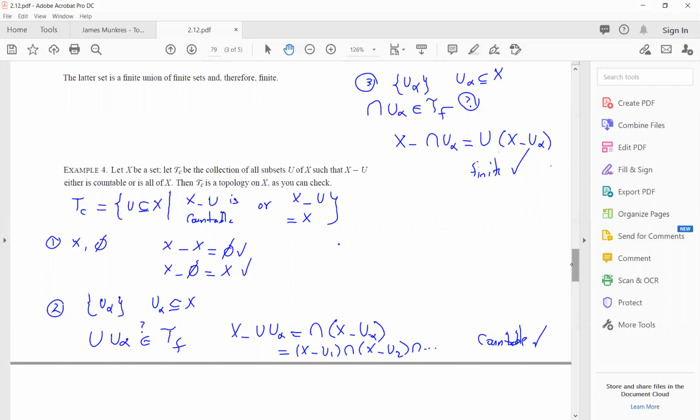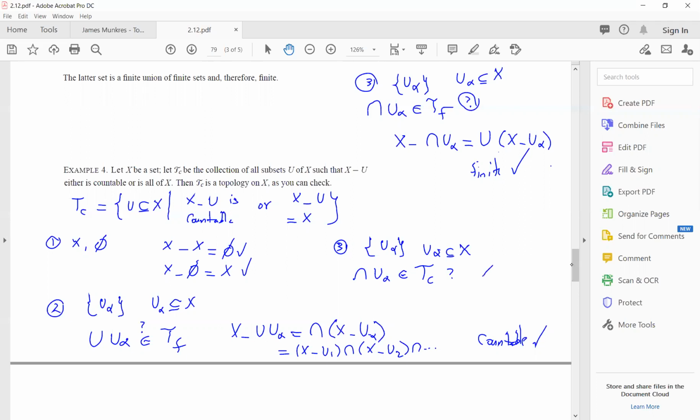And finally, the last condition, 3, we need to show that for any collection of subsets of X, any finite intersection is also a member of tau sub c. So our goal is to show that this finite intersection of members of tau c also belongs to tau c.